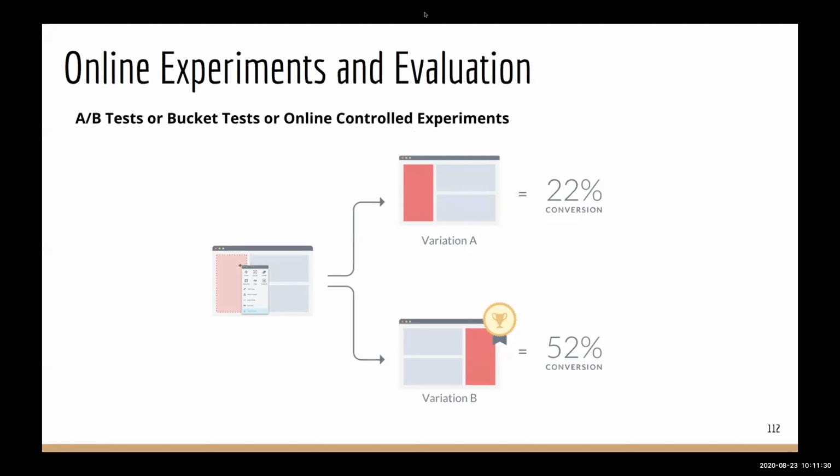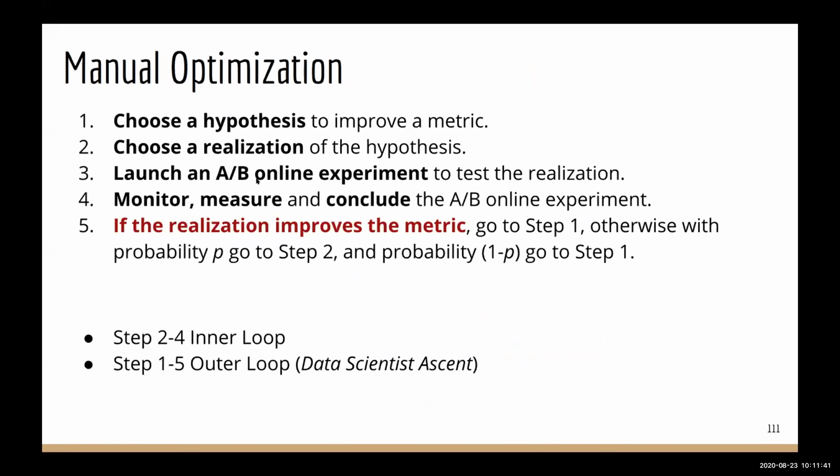Liangji, there is a question. You used the word realization in the previous slides. Can you give an explanation? Right, so think about this: the hypothesis could be that the color of the button would make a difference, right?